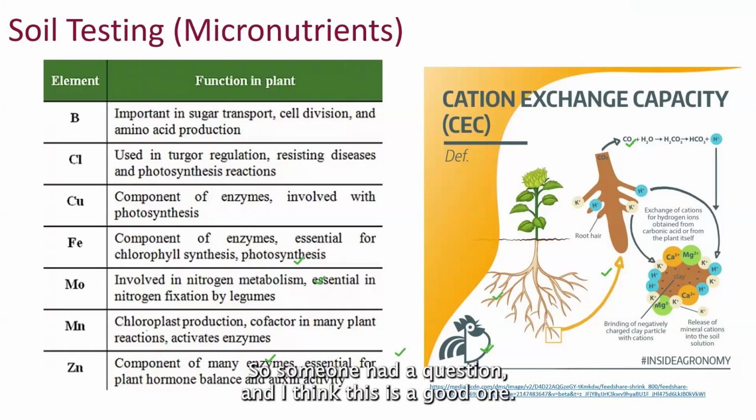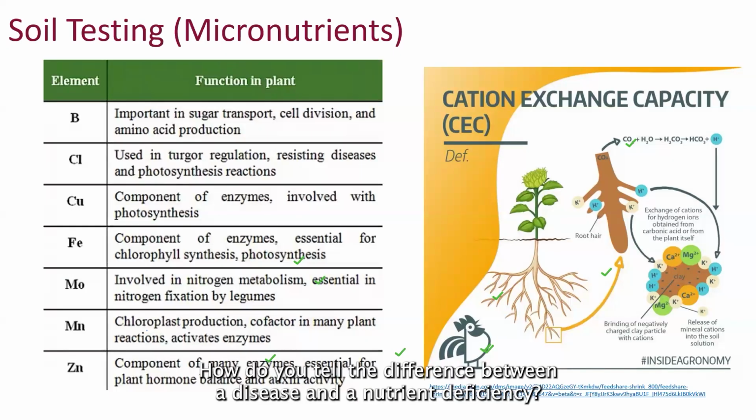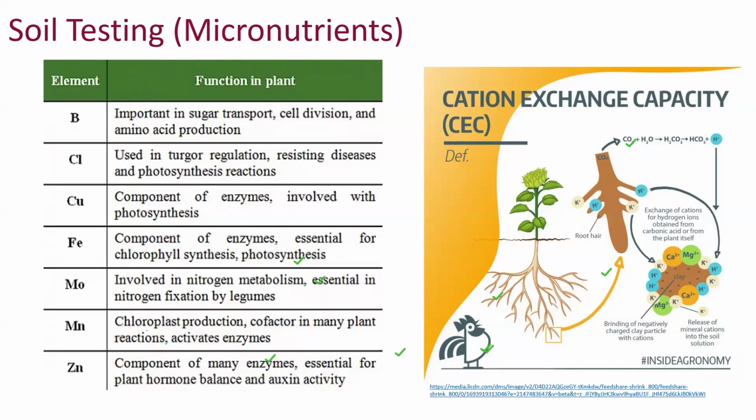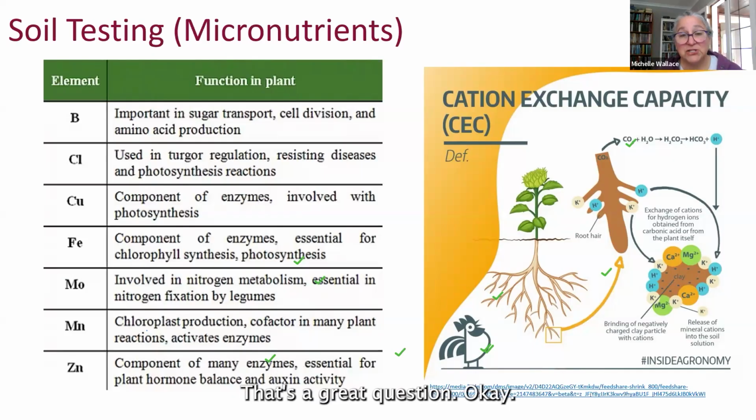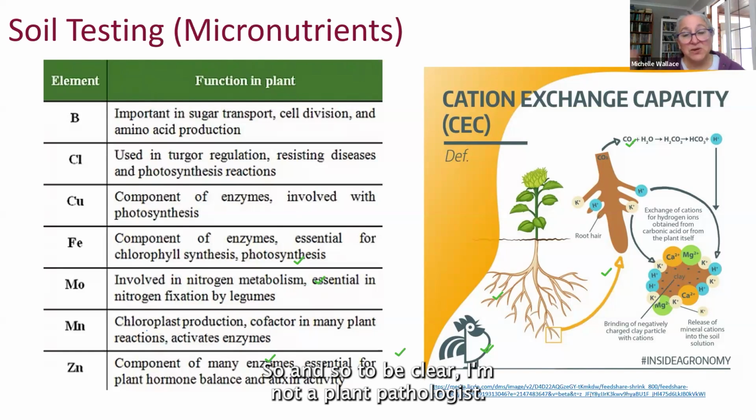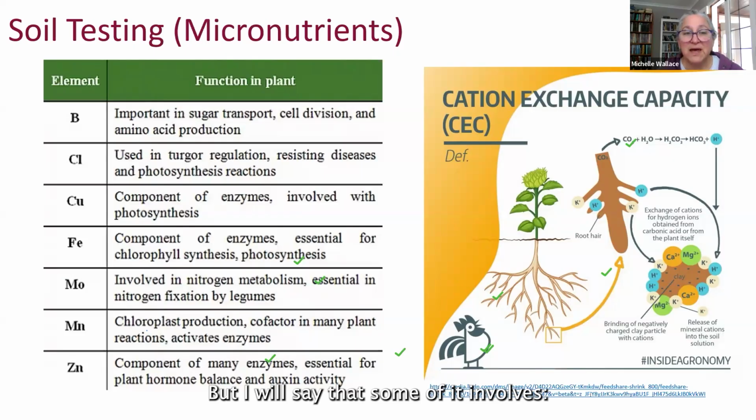Someone had a question, and I think this is a good one. How do you tell the difference between a disease and a nutrient deficiency? That's a great question. To be clear, I'm not a plant pathologist, but I will say that some of it involves how the symptoms are distributed. Are they widespread across many plants, or are they localized to just a few plants?